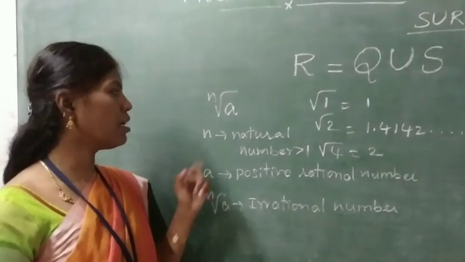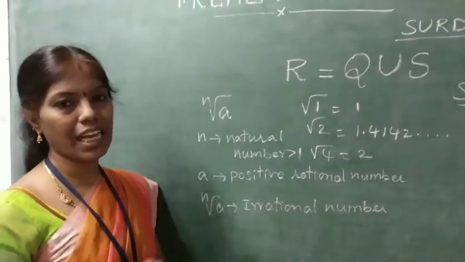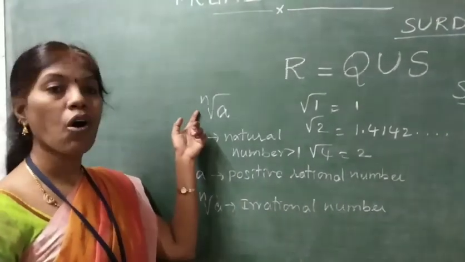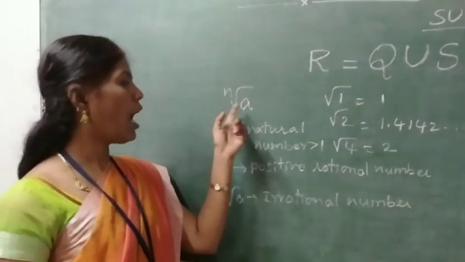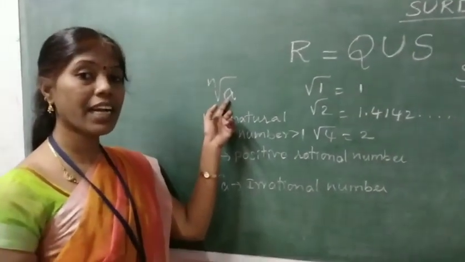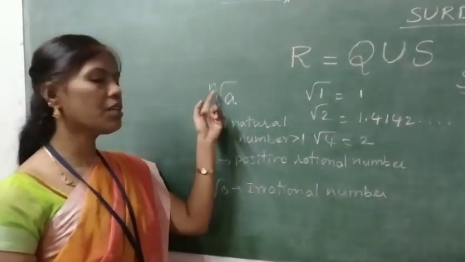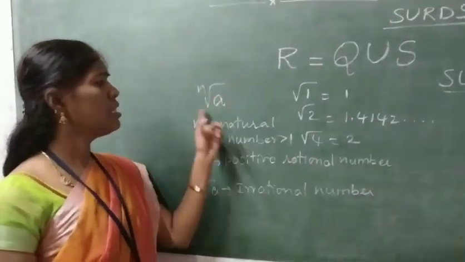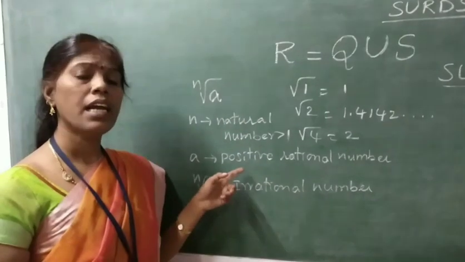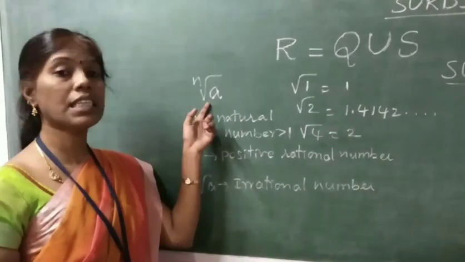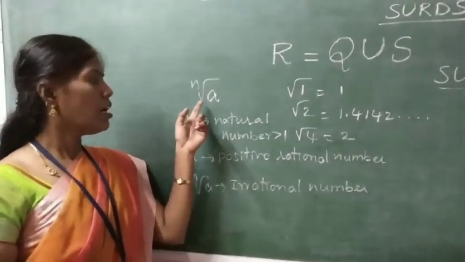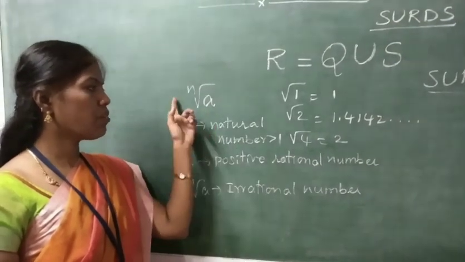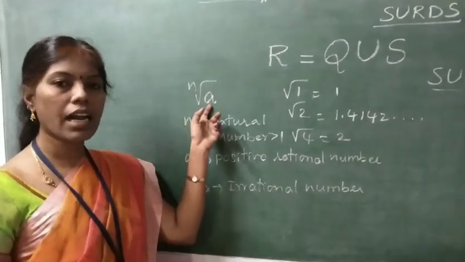Now, what is this n? n is called the order of the surd, and A is called the radicand, and this nth root symbol is known as the radical sign. Totally, nth root A is nothing but an irrational number, known as a surd or radical.